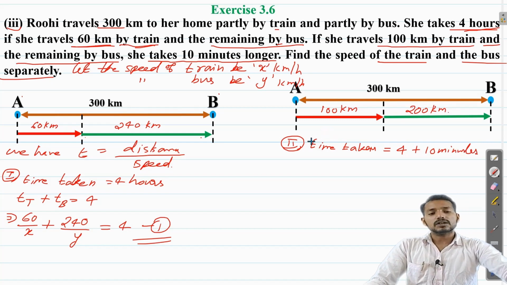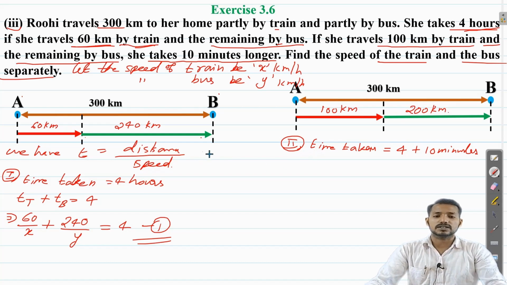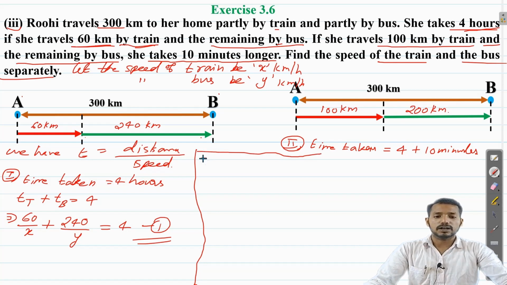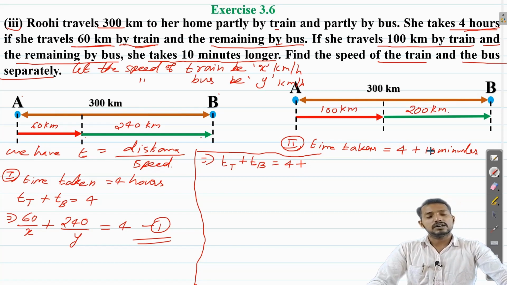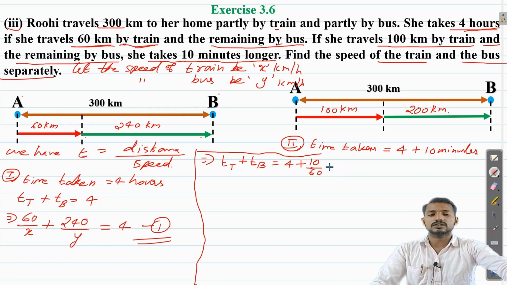Because it is 10 minutes longer than the first case, it doesn't mean only 10 minutes. So time taken by the train plus time taken by the bus in the second case is equal to 4 plus 10 minutes. Here 4 is in hours and 10 is in minutes, so both should be in the same unit. So convert the 10 minutes into hours by dividing by 60, because 1 hour is equal to 60 minutes.